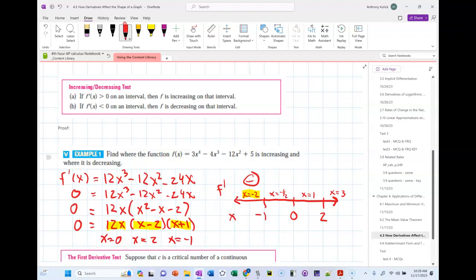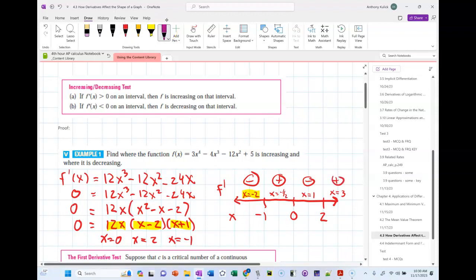Two negatives and a positive is positive. I plug in 1 to 12x, that's positive. I plug in 1 into x minus 2, that's negative. I plug 1 into x plus 1, that's positive. Positive times negative times positive is negative. And I plug 3 in, that's positive in all three places.